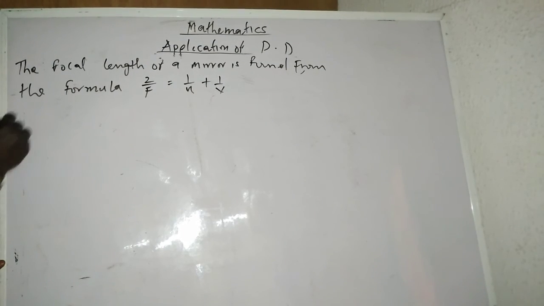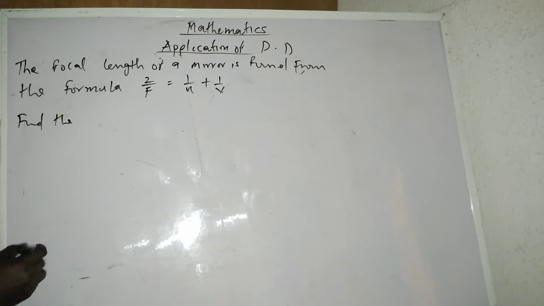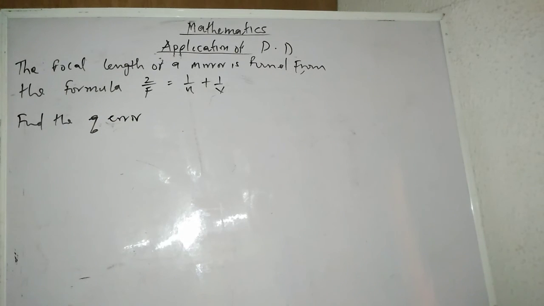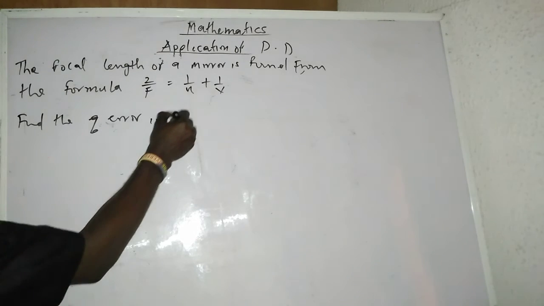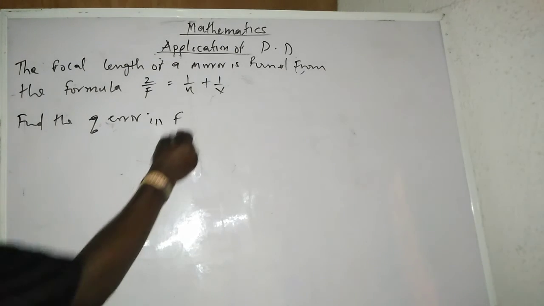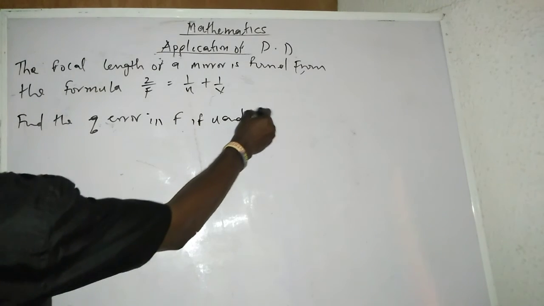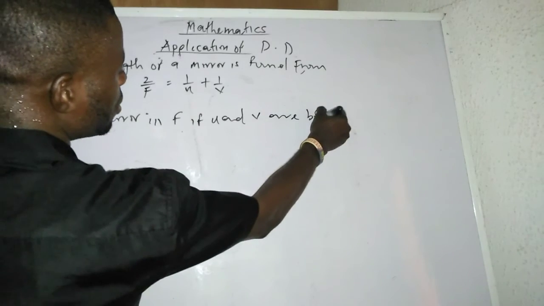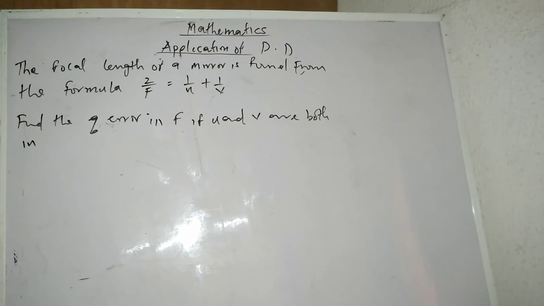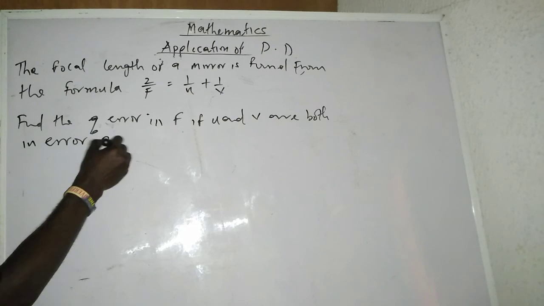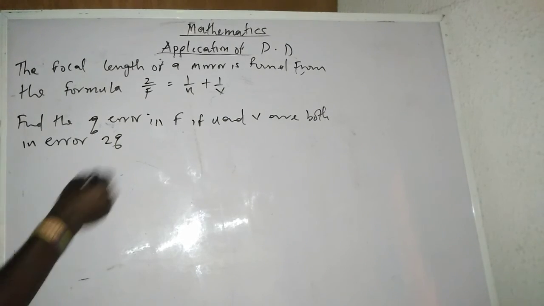Now, find the percentage error in f, if u and v are both in error by 2% each.